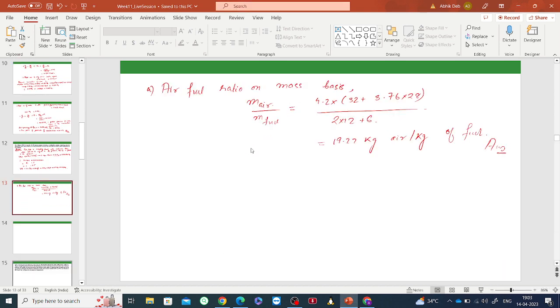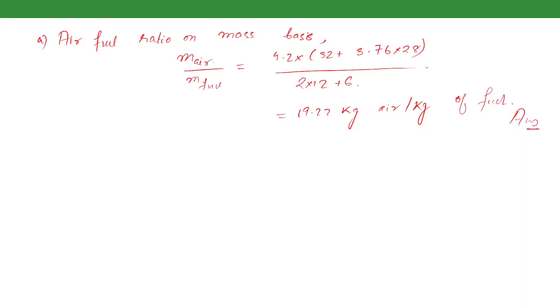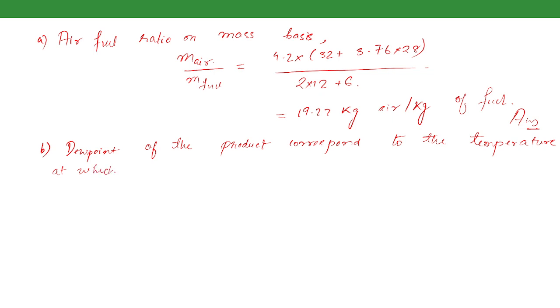The dew point of the product corresponds to the temperature at which water vapor in the product starts condensing.